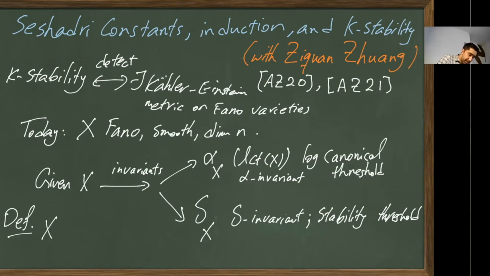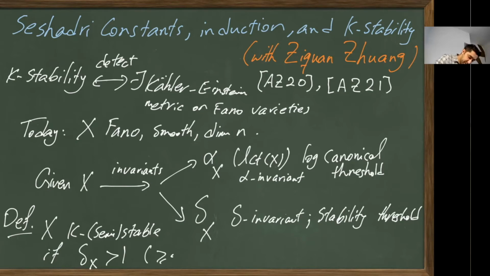Say X as above is K-stable if this delta X is bigger than 1.